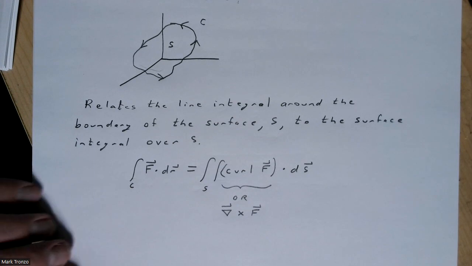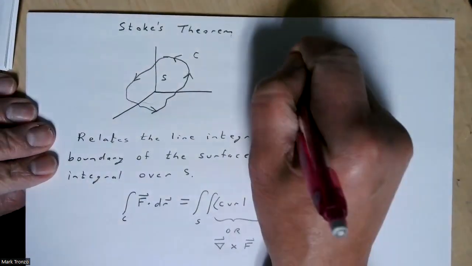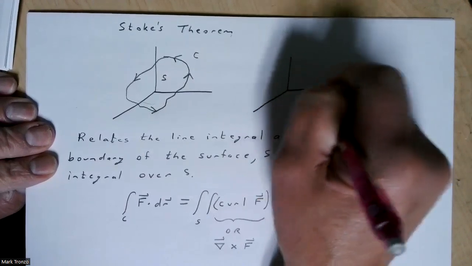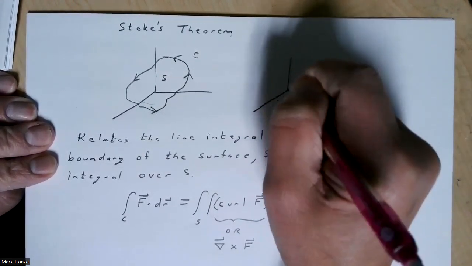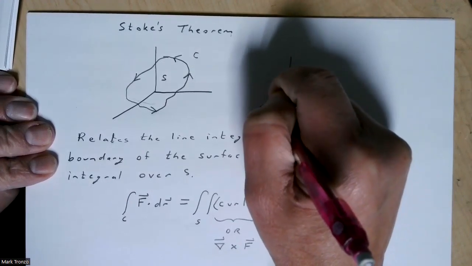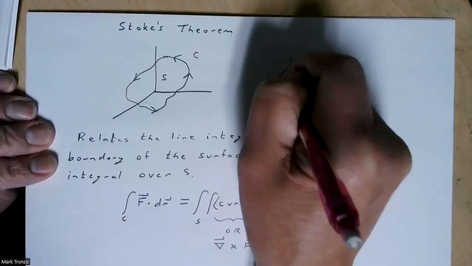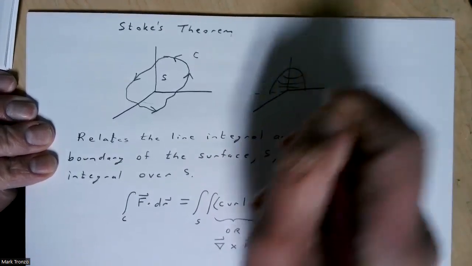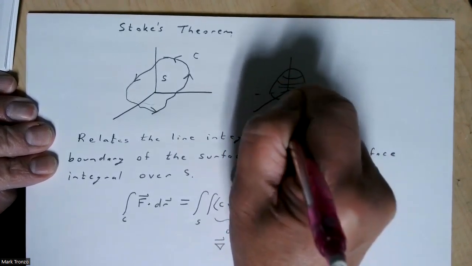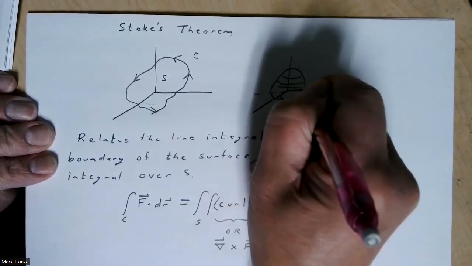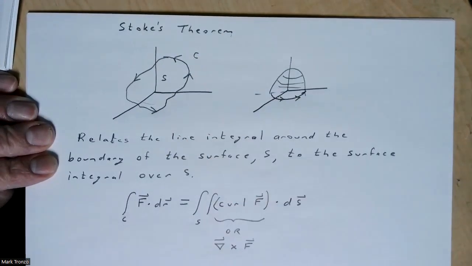Now again, it could be a surface like this, or you could even think of a case where you have, say, a paraboloid or something like that out here. And you can think of this lower boundary around the bottom of the paraboloid as being the boundary of the surface.